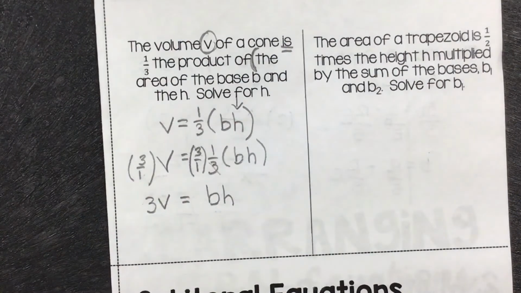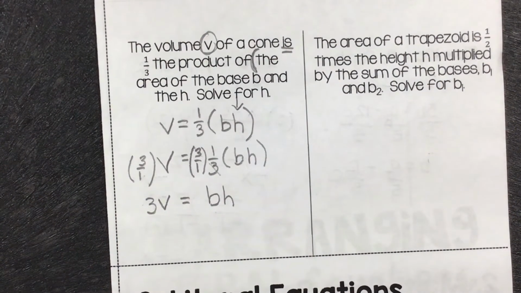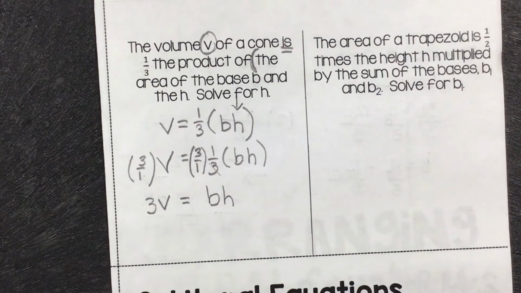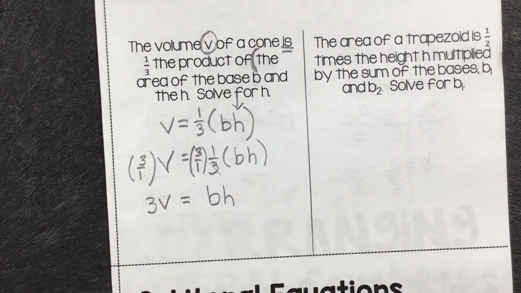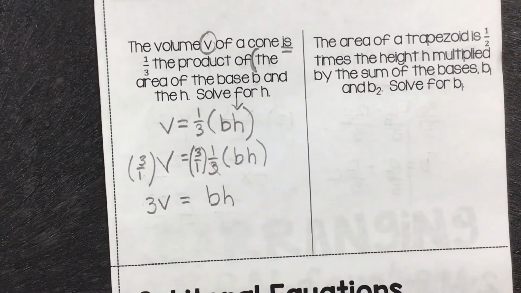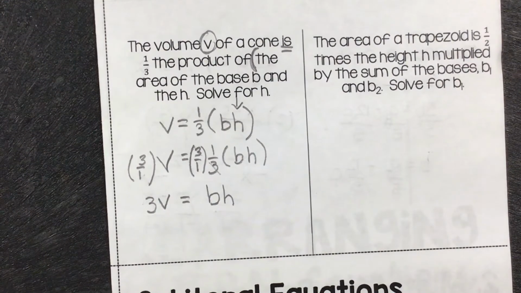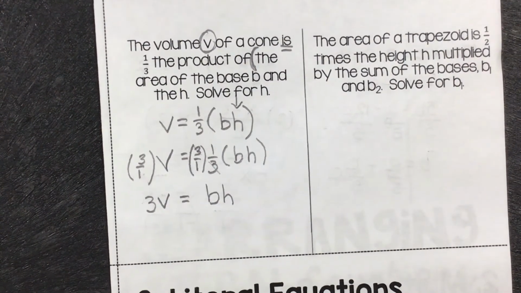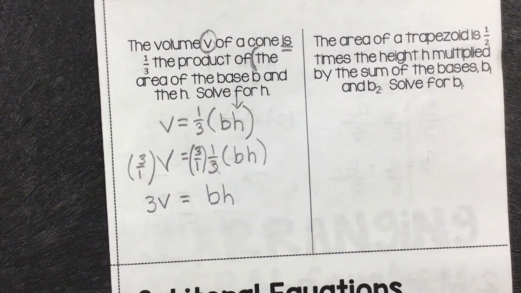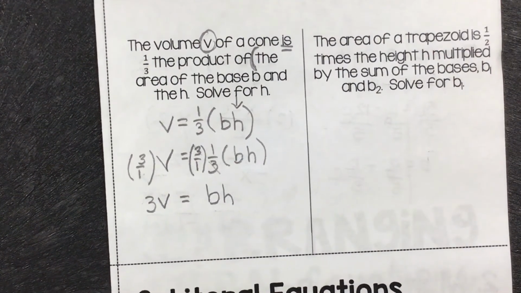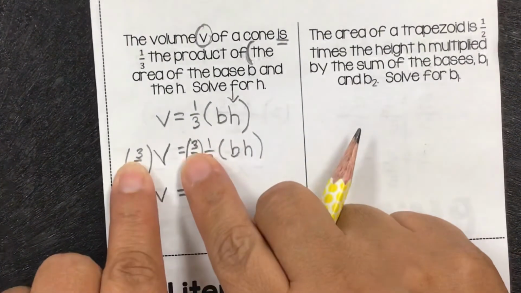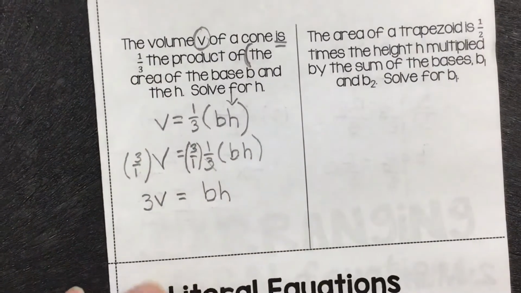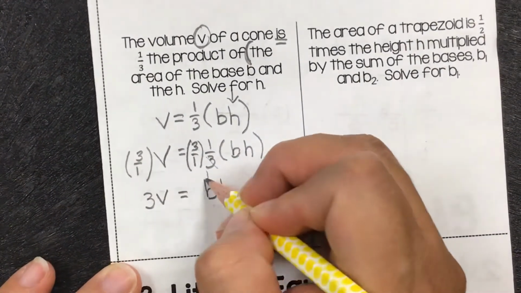I wanted you to remember this because in your homework assignment, there's several fractions. And if you just multiply by the inverse, it's going to be easier for you to do. Even though on this equation, it'd probably be easier to understand it if we're just multiplying by 3 to both sides. All right, we still haven't solved for H.